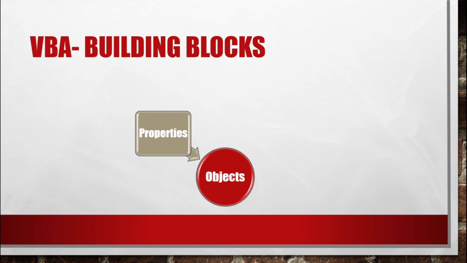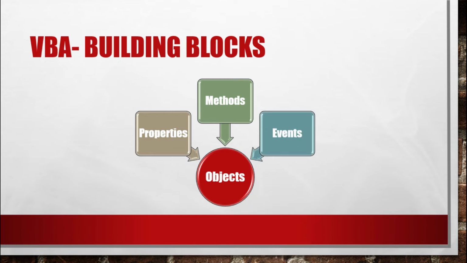Now, whenever you are adding something, then definitely there are some ways to do it. Those ways are called methods. So a property is something what we can do, and a method is something how we can do that thing. And then lastly, we have events. Events are something which trigger something to happen.